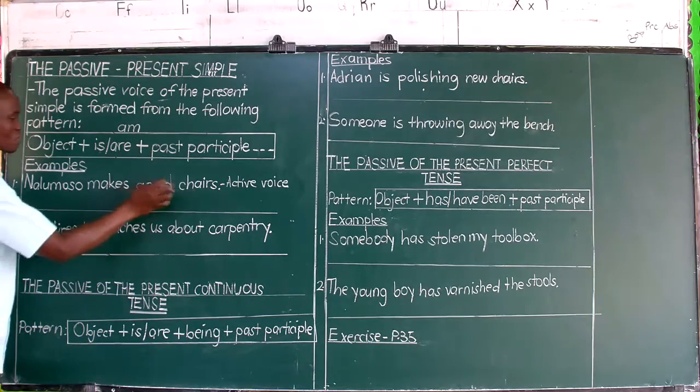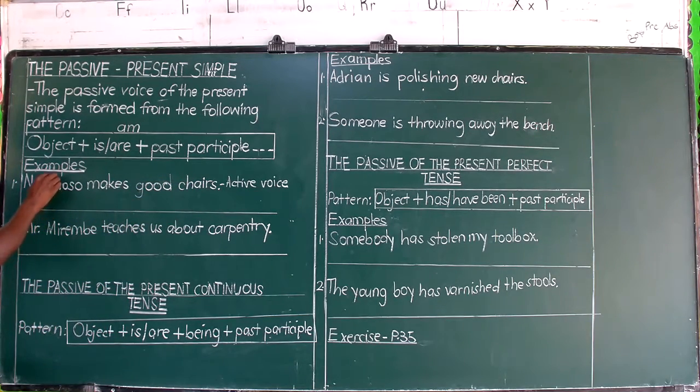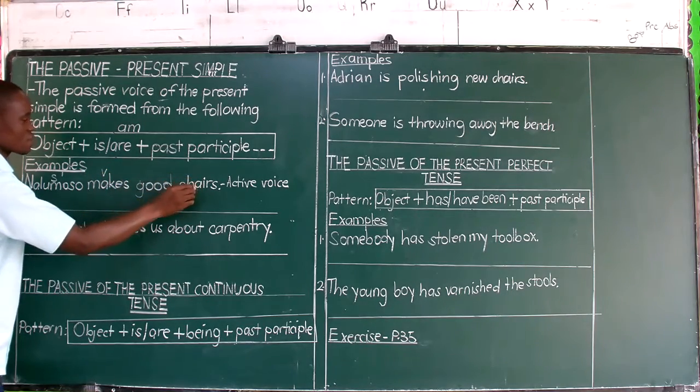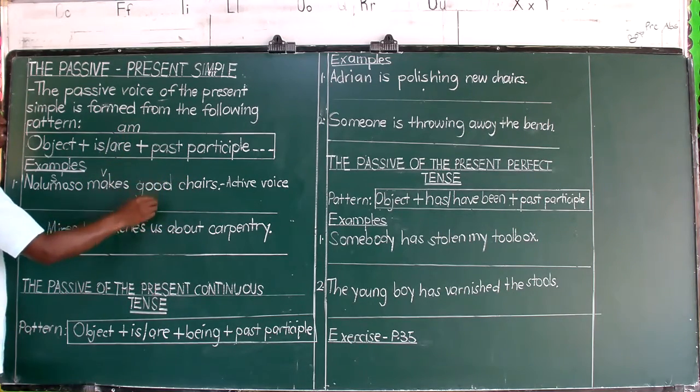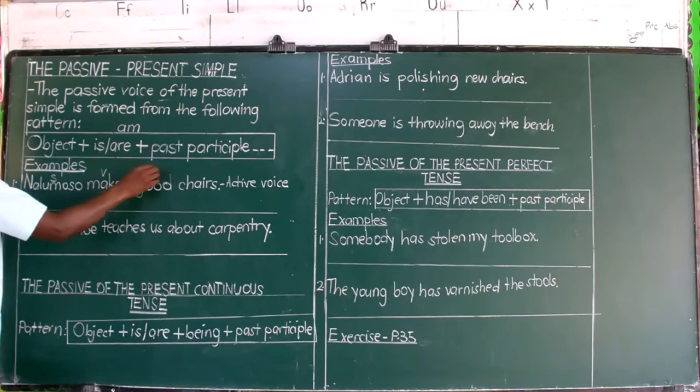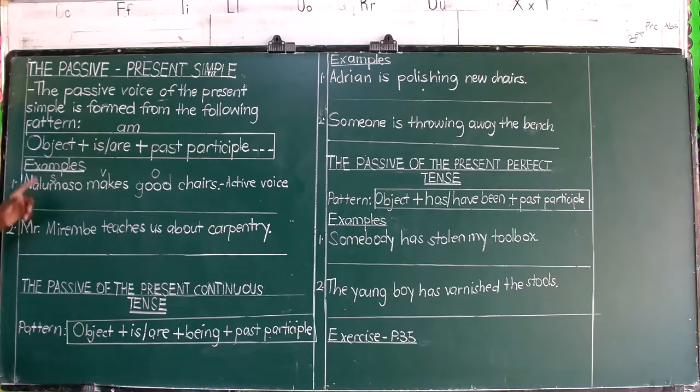He makes good chairs. Meaning, this is our subject. This is our verb. Good chairs, not simply chairs, is our object. So we mark it with the letter O. We say the object begins our sentence in the passive voice. So we begin our sentence with good chairs.